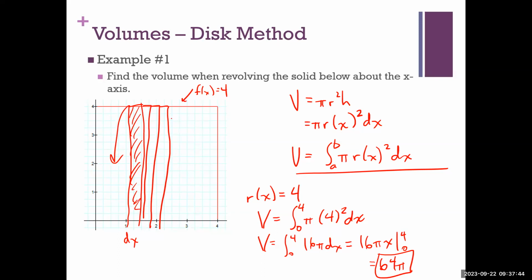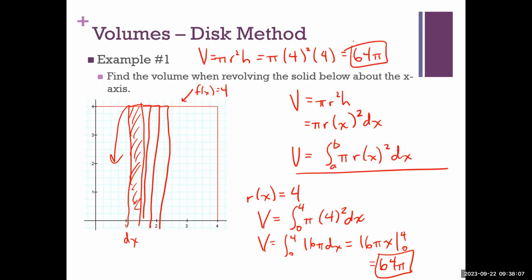Is that the same volume we would have gotten using the canned geometric formula? Pi r squared h. You said the radius was 4, right? What is the height of this cylinder if I were to revolve that whole thing? Also 4, right? So they should come out to be equal.